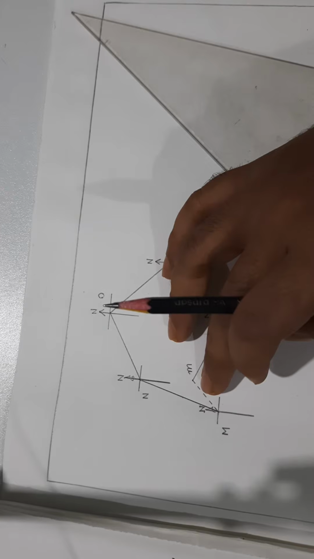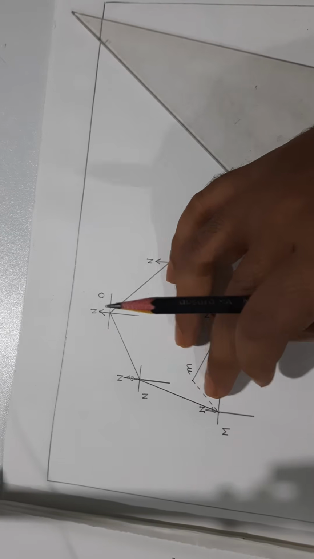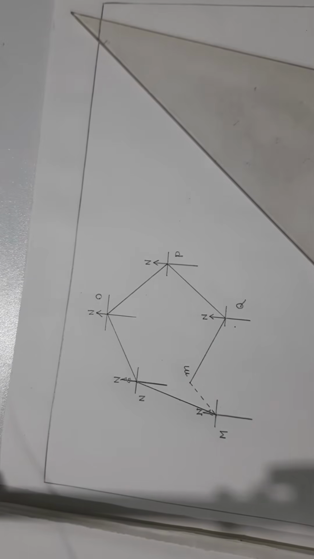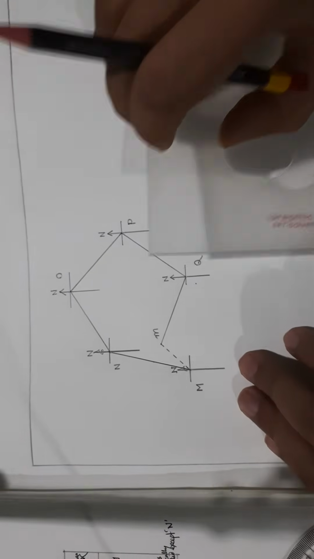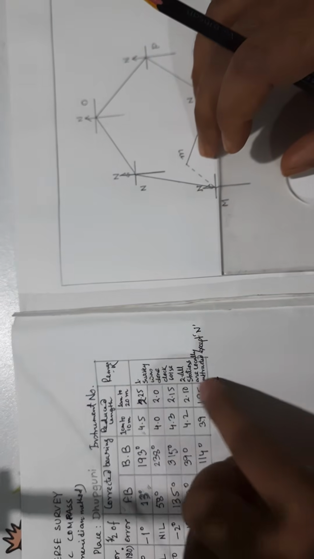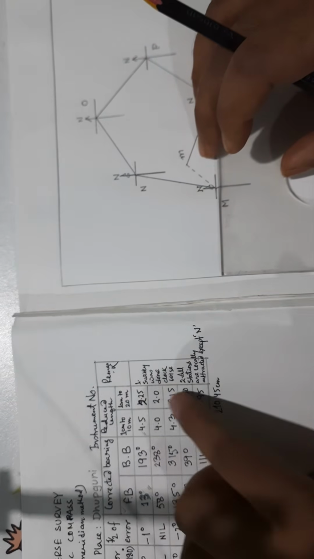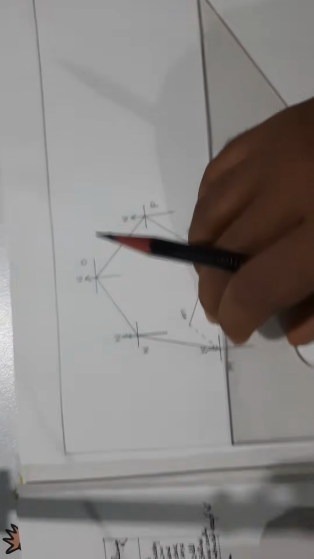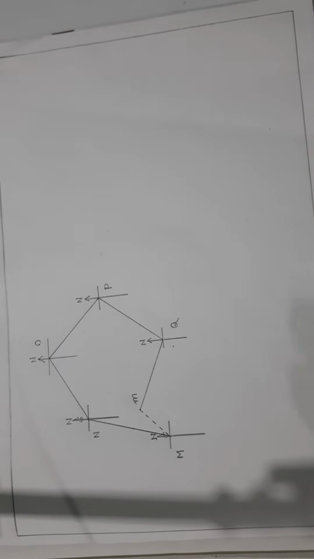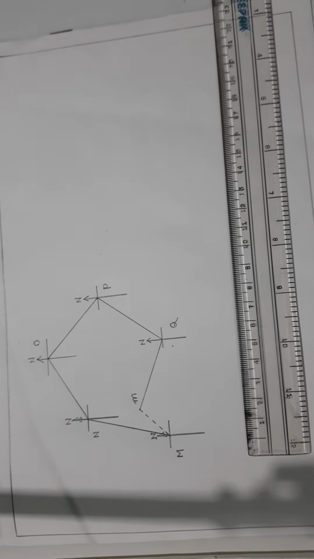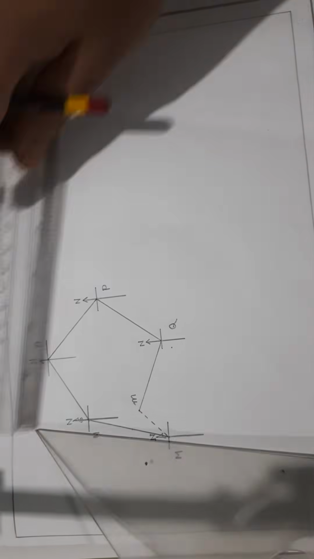Using the Bowditch rule we can correct this closing error. The Bowditch rule is a graphical way. How to use this graphical way, now I'm showing you. Here the total length, that means the sum of these values, is actually 10.45. So now draw a line of 10.45 here.